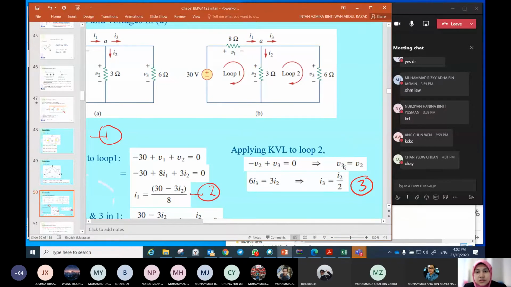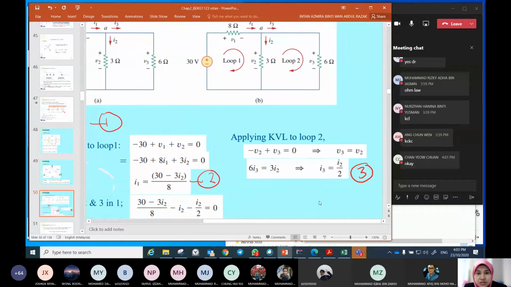Now let's substitute V3 and V2 because our equation is in terms of current. V3 is equal to I3 multiplied by 6. Our V2 is 3 I2. Now let's take out I3: it is equal to I2 divided by 2.